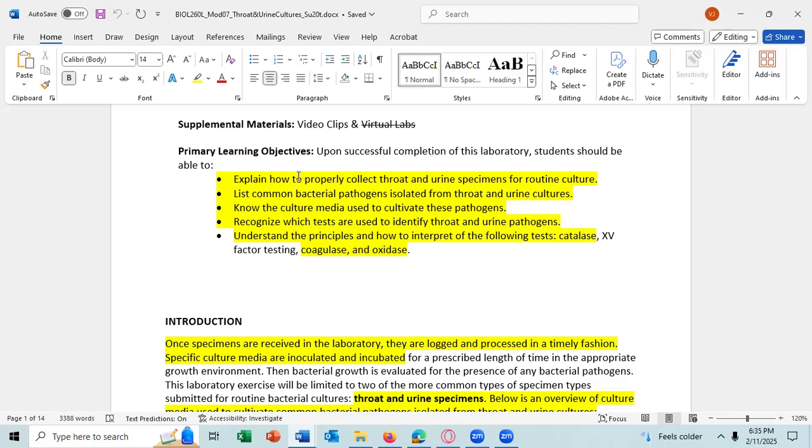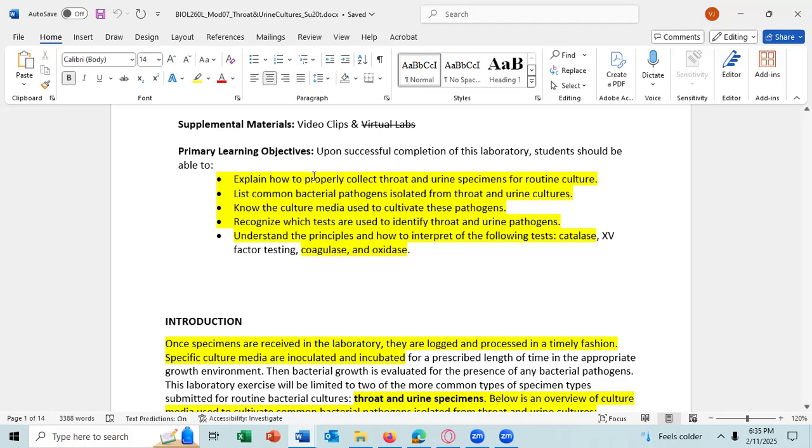And 6, understand the principles and how to interpret the following tests: the catalase test, the coagulase test, and the oxidase test. So we'll talk about these tests and you should understand them and be able to explain them.